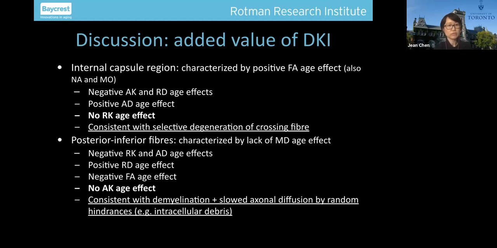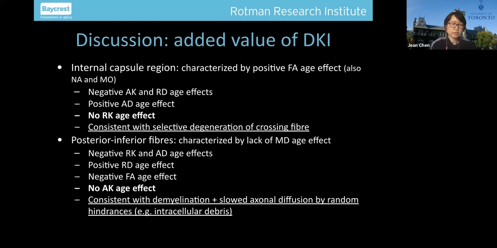If we do not decompose our metrics into these different directions, we really don't know what's going on. One unique thing is that we do not see radial kurtosis age effects in the internal capsule region, which is heavily crossed. So our interpretation of all of these things taken together is that we're looking at selective degeneration of a crossing fiber, the secondary fiber to be exact. And this is consistent with what we had observed before using free water imaging, which I did not show today.